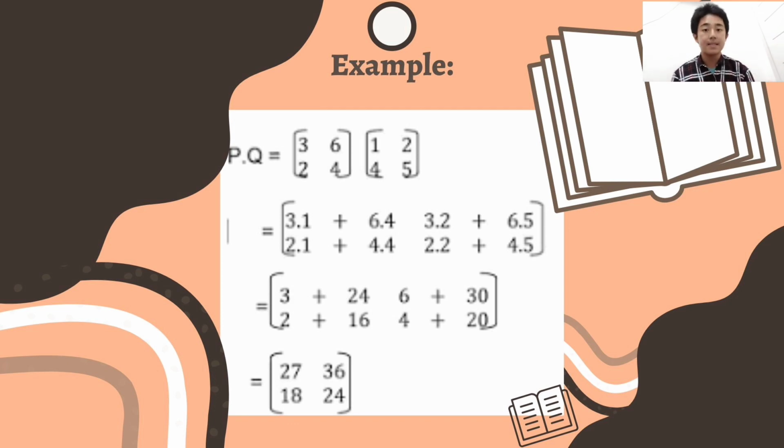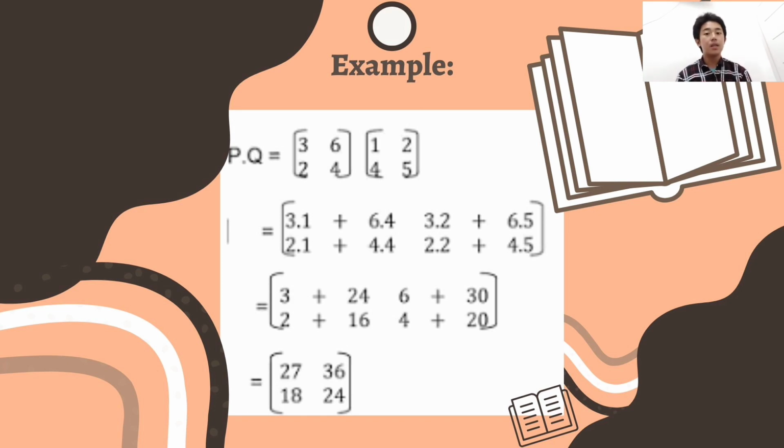So 3 times 1 plus, the first row of P matrix is 3 and 6, so 3 times 1, and now 6 times 4. 4 is from the first column in the Q matrix.